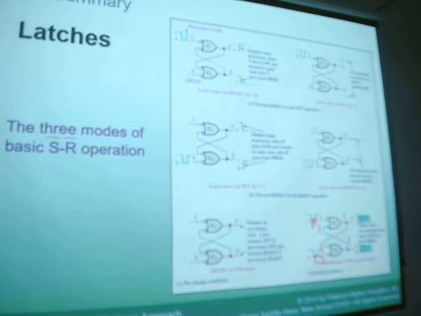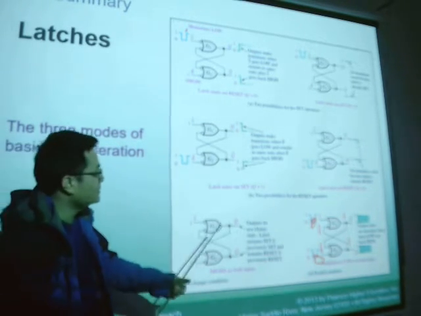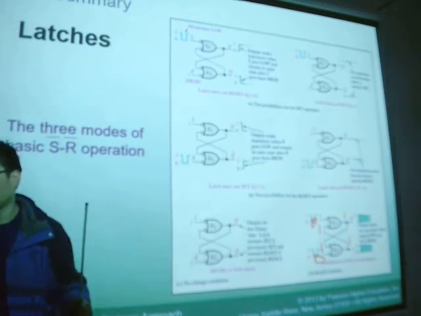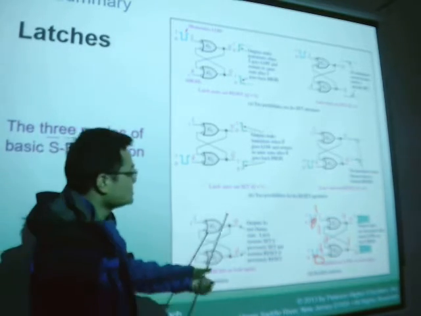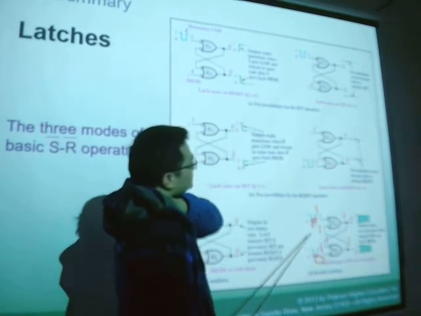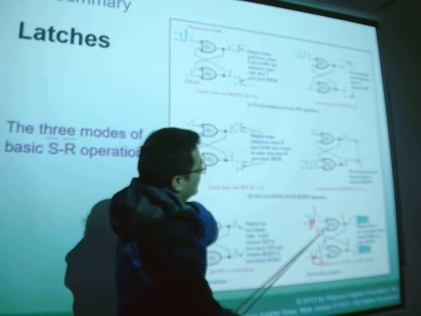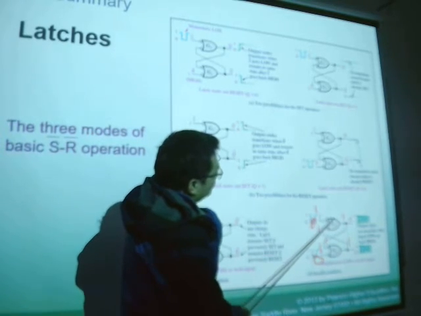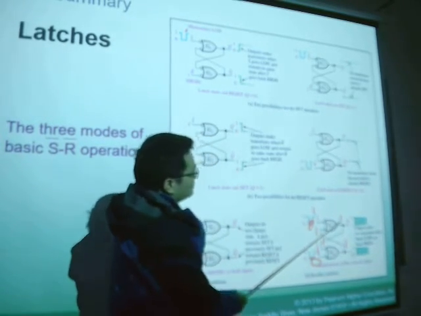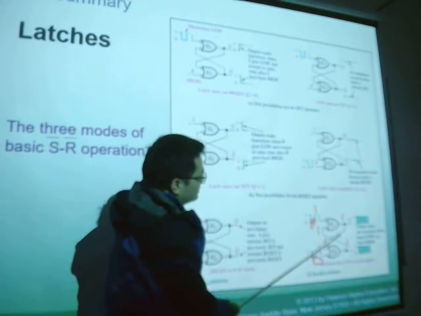But when S bar goes from 0 to 1 and R bar goes from 0 to 1, then 1, 0. So 0 plus 0 equals 0. 0 plus 0 equals 0.